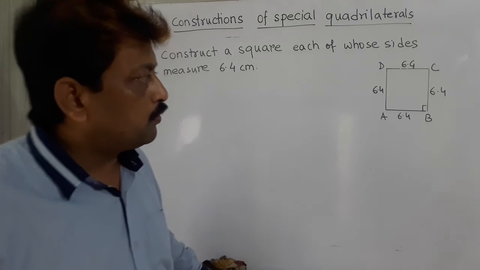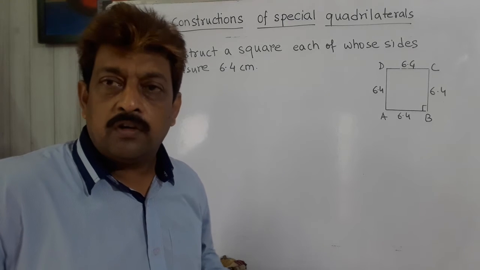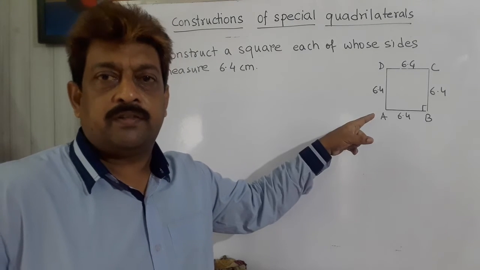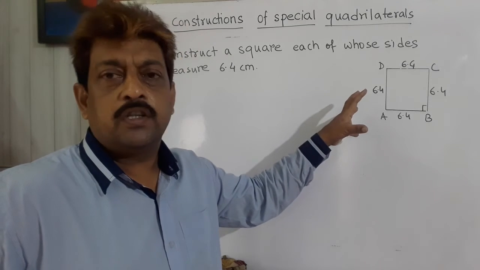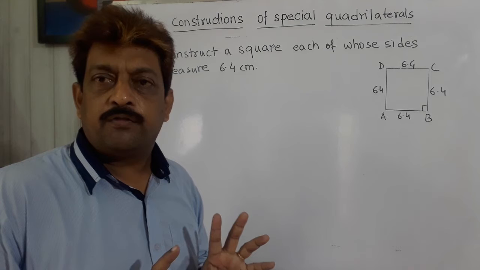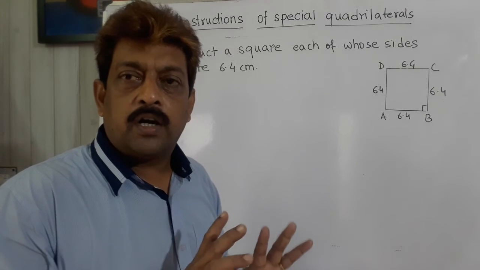If you don't want to draw a rough diagram for square, marks will not be deducted, but still it is for your better understanding, so that you will get an idea which side I have to construct, where to take the arc and from where to cut the arc.